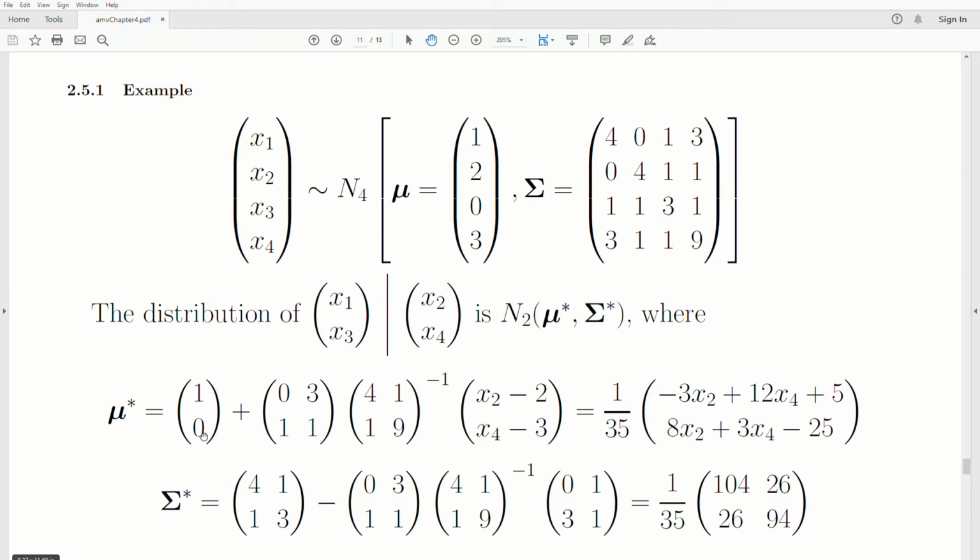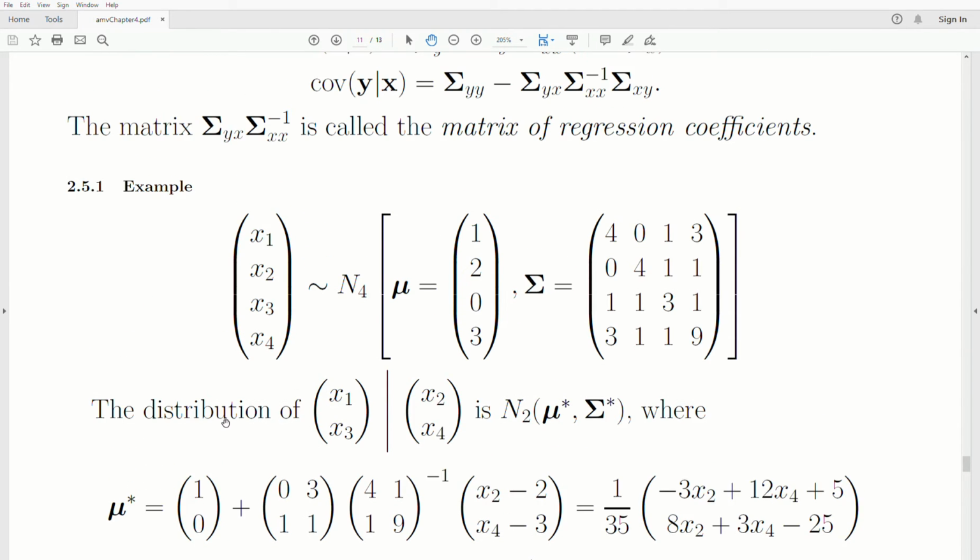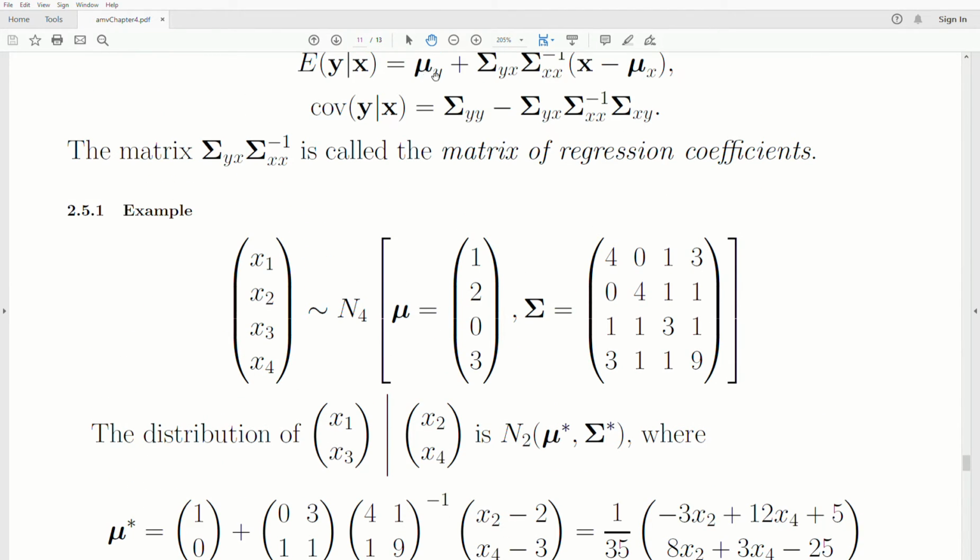So the mean of y is 1 and 0. And then it's sigma yx. Remember, this has to move around. So this is the covariance between 1 and 2, which is 0.